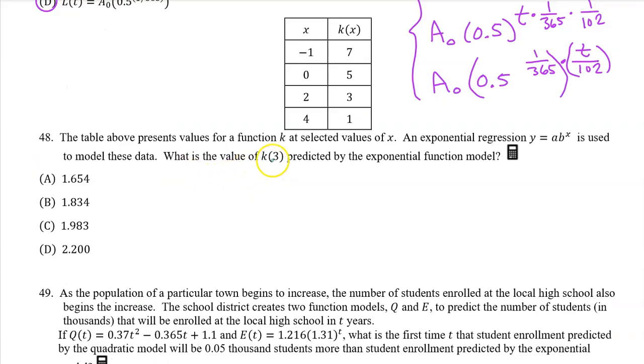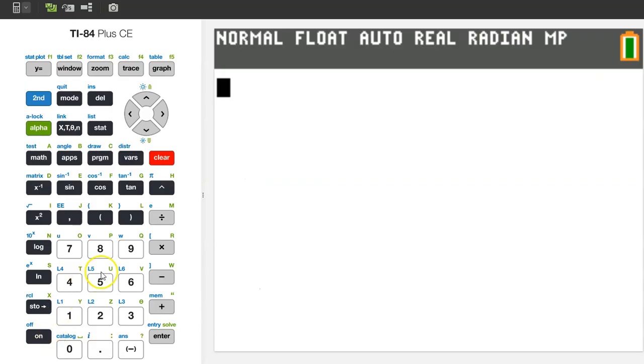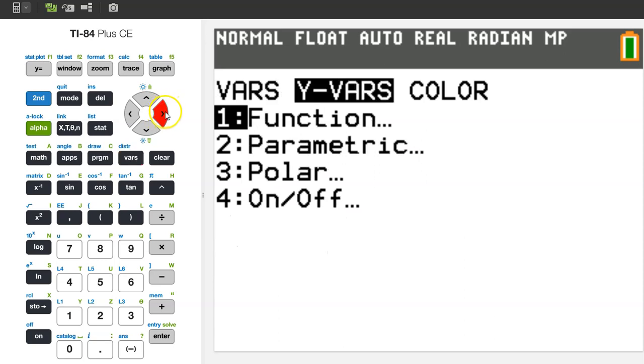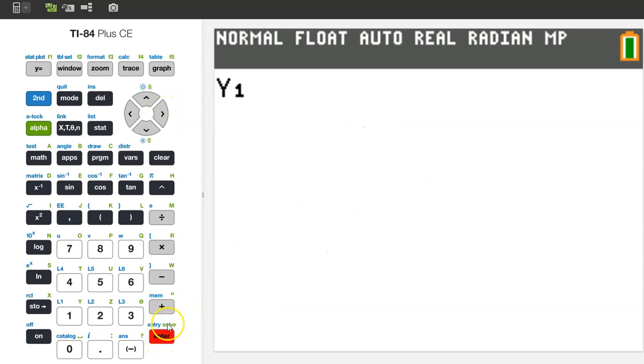We are being asked for the value of the regression model at 3. But in our calculator, the regression model is in y1. So we need to find y1 at 3. To make y1 show up on your calculator, hit vars, switch over to yvars, hit enter, and hit enter again.